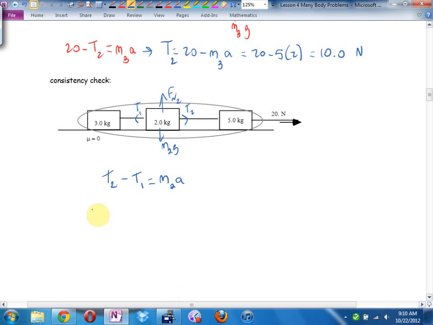So tension 2 equals M2A plus tension 1. M2 is 2, A is 2. What was tension 1 from the previous page? I've forgotten. Was it 6? Do I get the same answer as we got previously? I do.